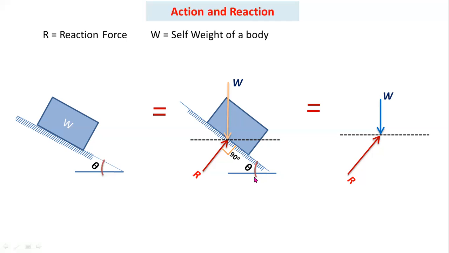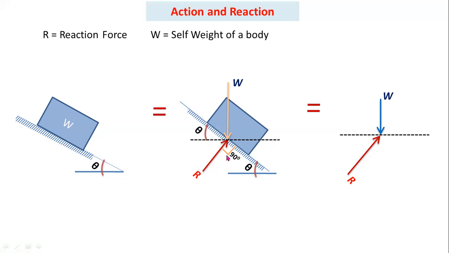So this horizontal line makes an angle theta with respect to the inclined plane. In the same way, this theta angle is the same with respect to the horizontal and the inclined plane. So this is the inclination of the inclined plane with respect to the horizontal line.